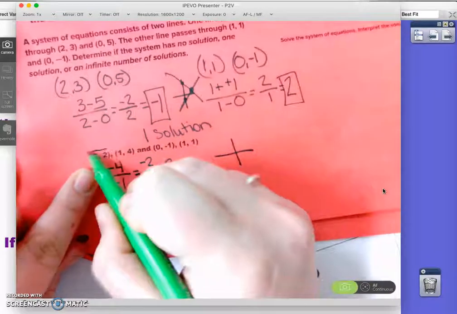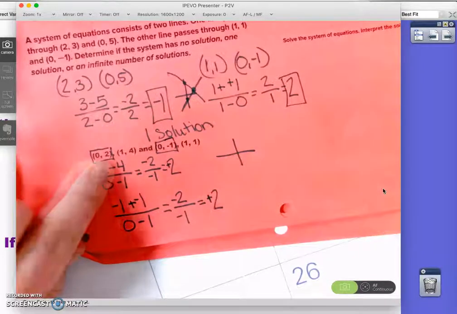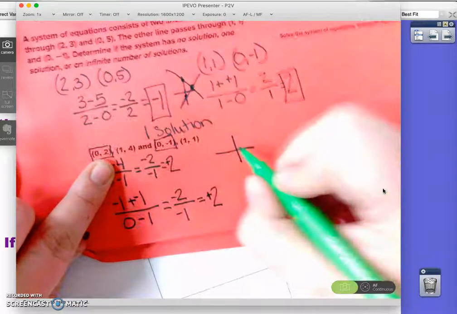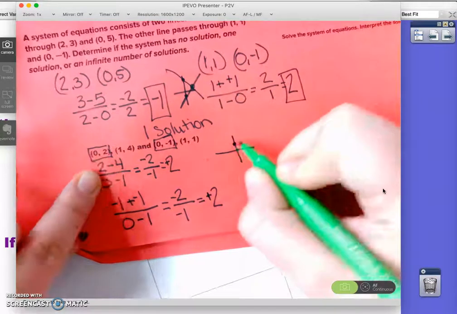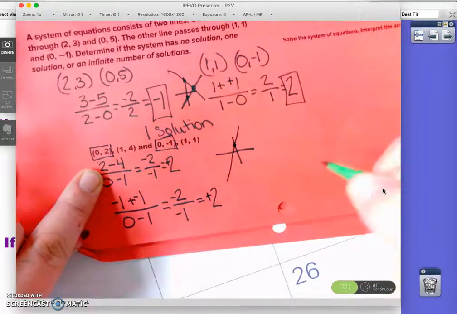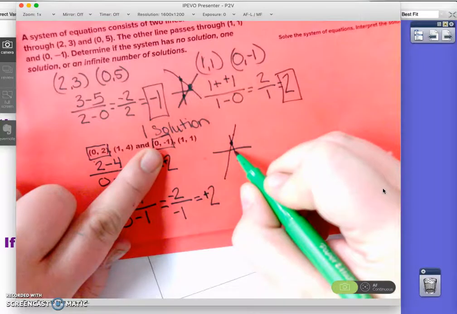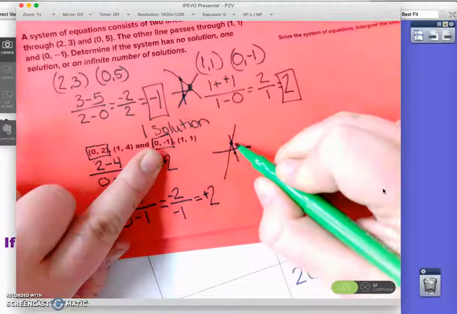So they have different y-intercepts here of (0, 2) and (0, -1). So (0, 2) is about here, and the slope is 2. So maybe like that: up 2 over 1, up 2 over 1. This one has a y-intercept right here, up 2 over 1, up 2 over 1.